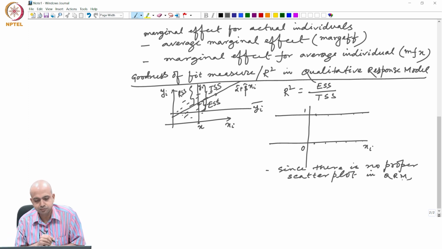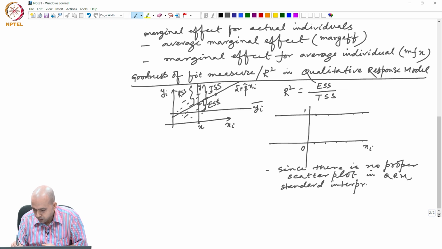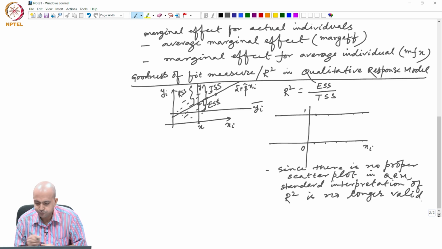In QRM, the standard interpretation of R square is no longer valid, because I cannot get a line like this.